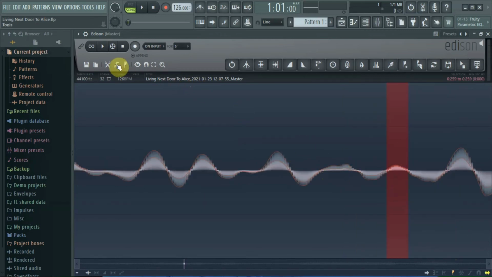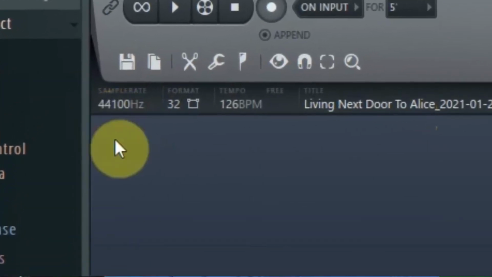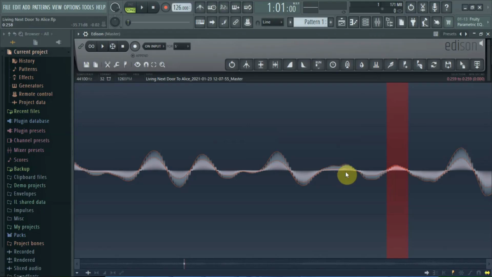Now, if you look at my screen over here, you will actually see that it has a sample rate of 44,100 Hertz. That means it is taking a snapshot 44,100 times a second.